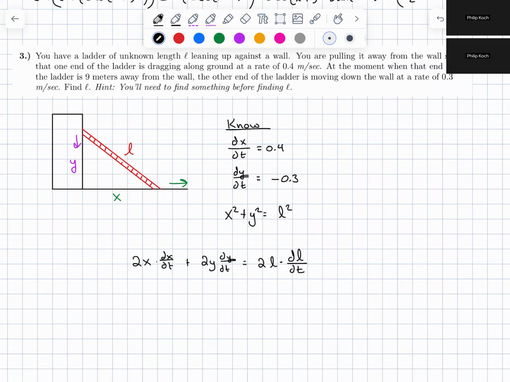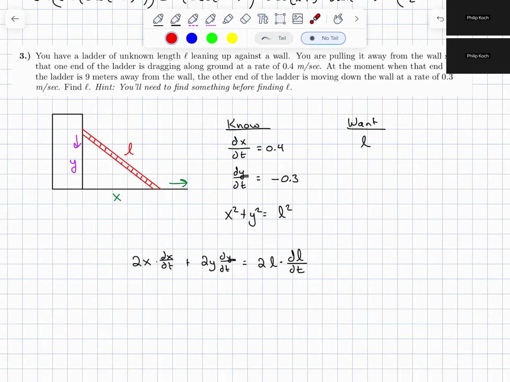However, you might be thinking, well, okay, I should have written what we want. We want L, but we need to know a few things first. If I knew what y was when x is equal to 9, then I'd be able to find L, right?